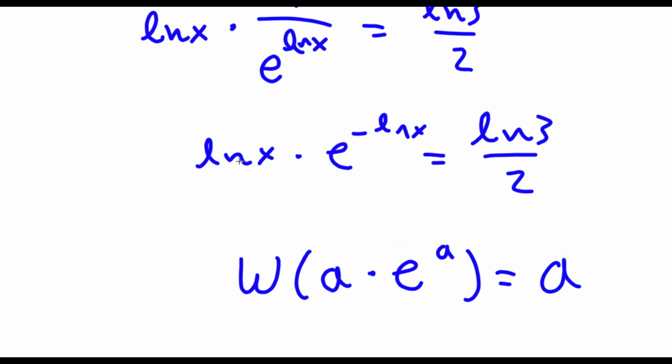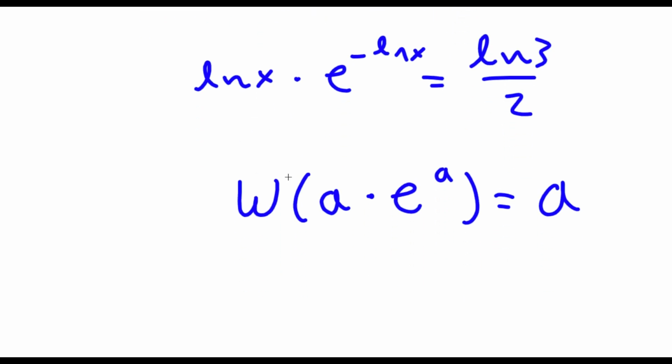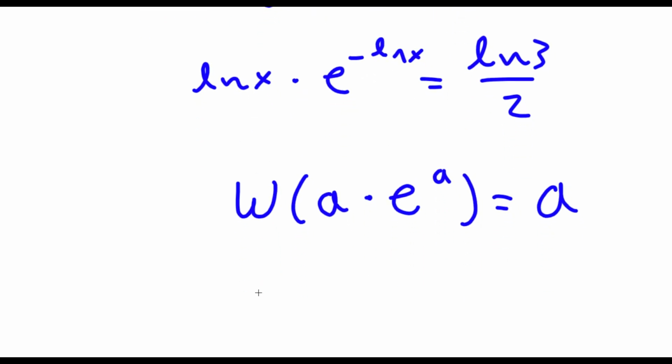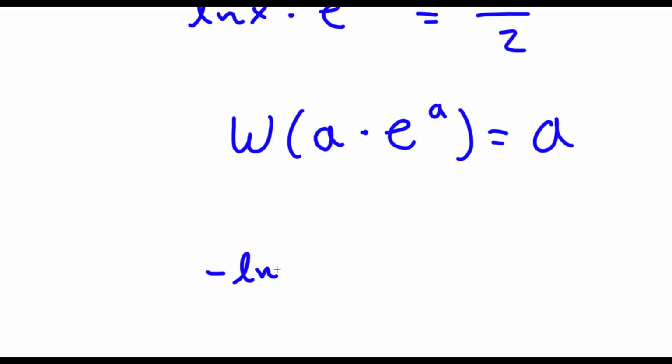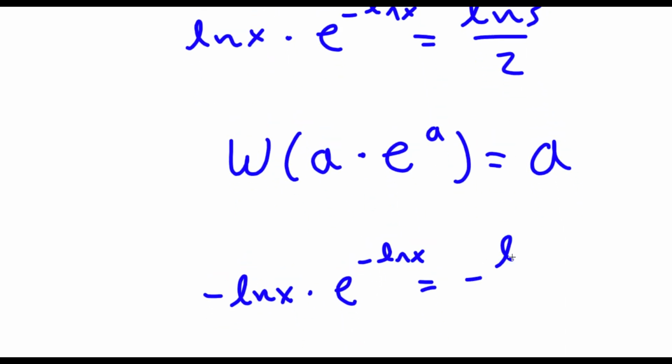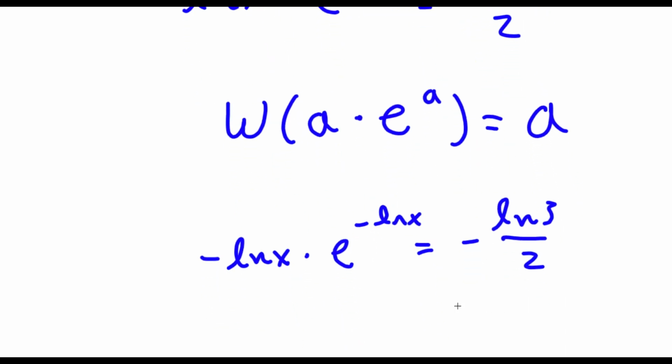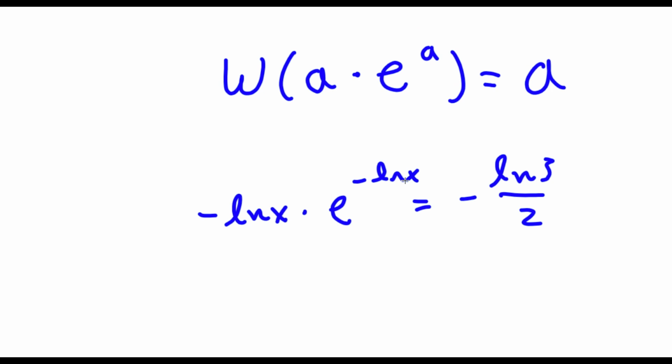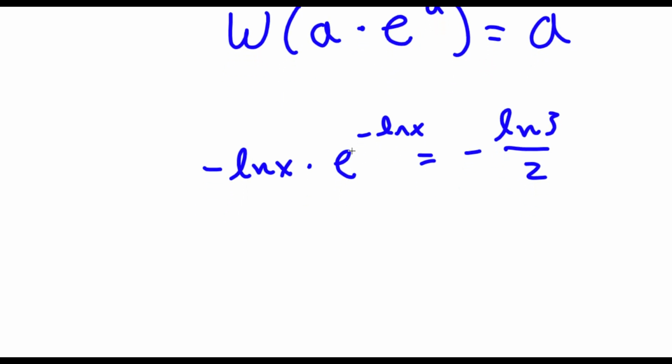So in this case, as you can see, we have ln x and we have negative ln x, and to use this property, these two need to be the same. So what I'm going to do is multiply both sides by negative 1. So now I have negative ln x times e to the power of negative ln x is equal to negative ln 3 over 2. And now, as you can see, both a's are the same.